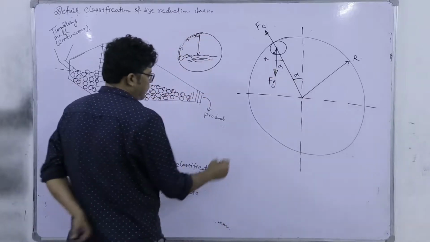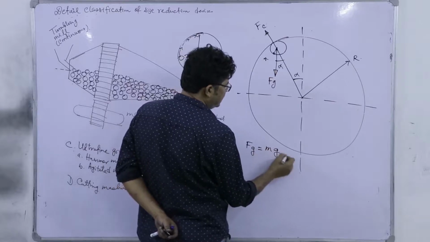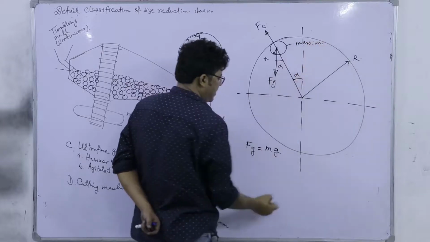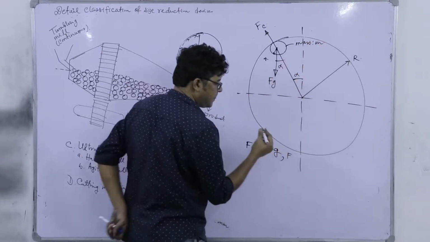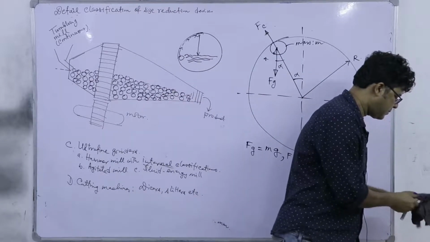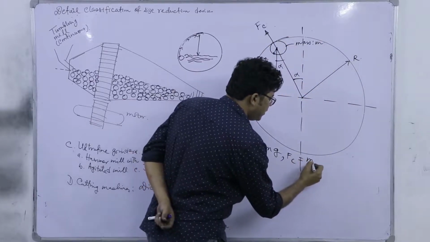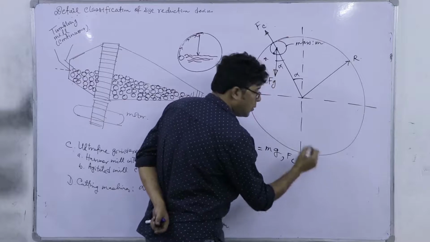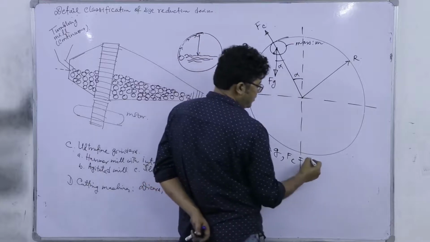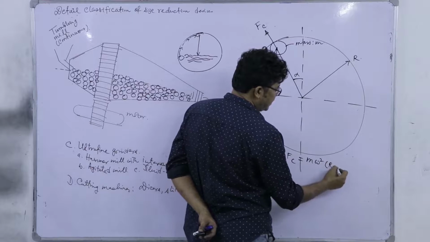Now what will be the gravitational force Fg? It is simply m into g, where m is the mass of the ball. And what will be the centrifugal force? We know that it is m omega square into (R minus r), right.